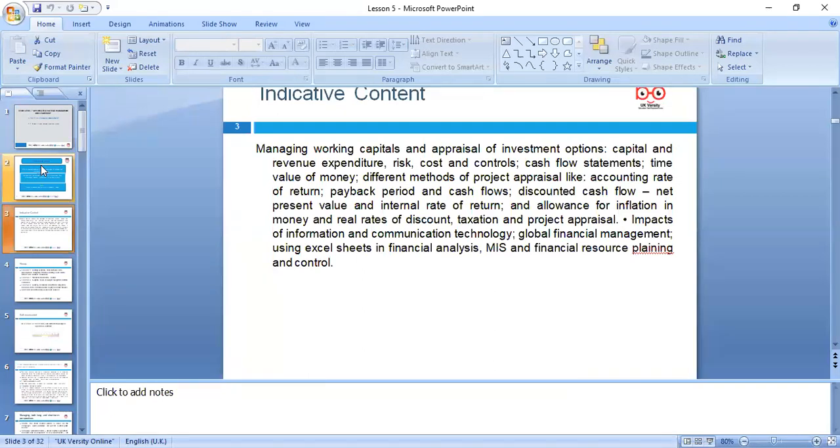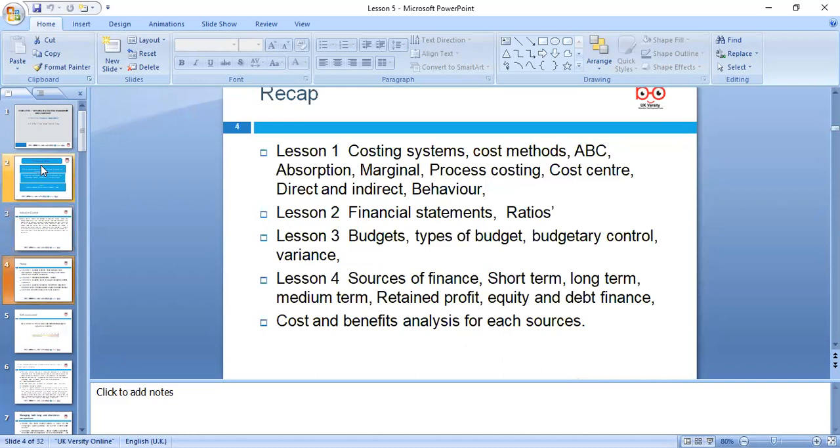Managing working capital and appraisal of investment options, capital and revenue expenditure, risk, cost control, cash flow, time value of money, different methods of project appraisal like accounting rate of return, payback, discounted cash flows, present value, allowances, inflation, all will be in our discussion. Okay, so in lesson 1, we discussed costing systems, cost methods, ABC, absorption, marginal, process costing, cost centers, direct and indirect costs.